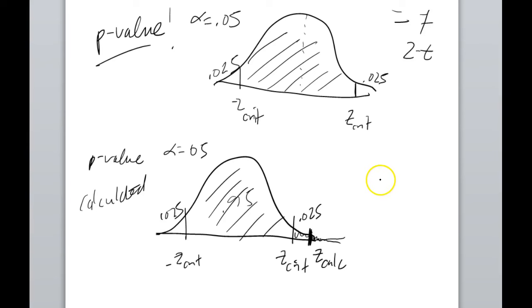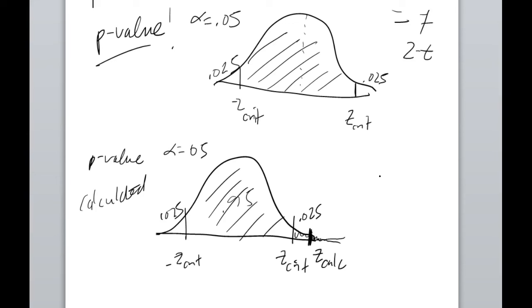So the alpha level is our set value that says, hey, we're going to reject the null hypothesis if we pass certain critical values, and our alpha level sets that probability of being wrong, right? But then our calculated value is saying, okay, now we've run the test. Now given that we got the value that we got, what is our probability of being wrong?